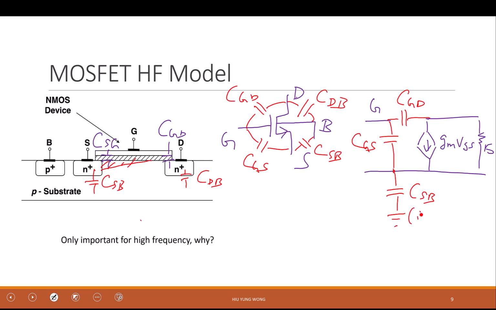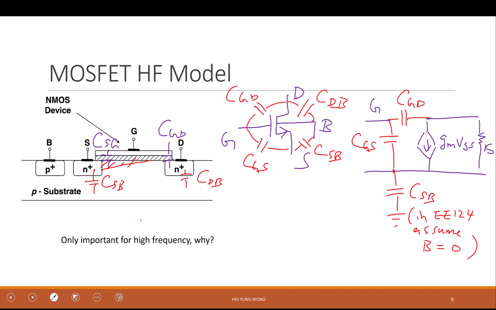That is exactly what we want to do. So in this class, in EE 124, we always assume B is grounded, right? But this is not always the case. It depends on your layout. If you have a common source with degeneration, you have the right to connect the body to the source. Then your body is not grounded, right?